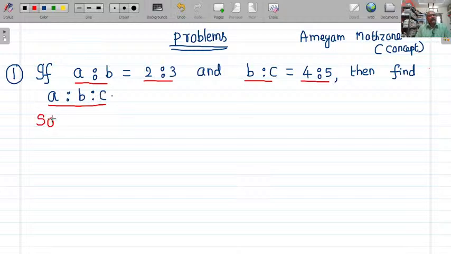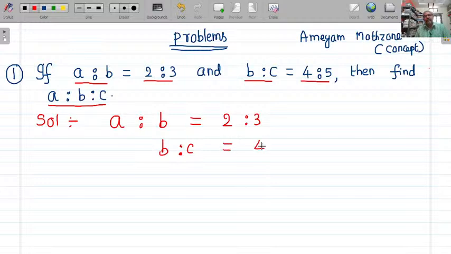The solution: first, A is to B is equal to 2 is to 3. And next, B is to C is equal to 4 is to 5.